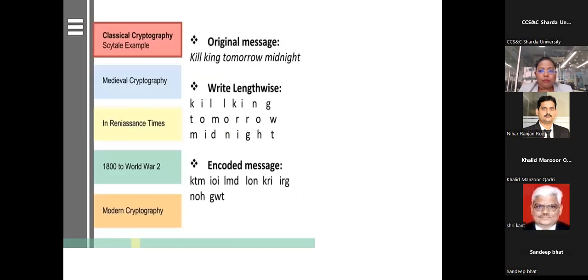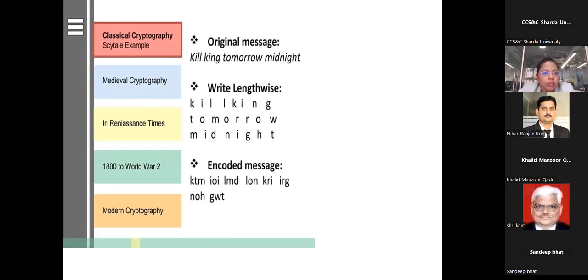Then one cryptography was invented at that time without giving it a name, but it can also be called some sort of transposition that was achieved with the help of Scytale.